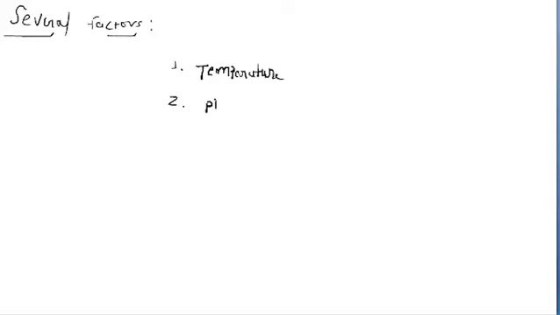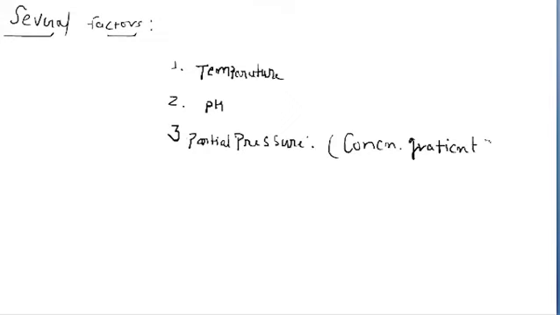Second factor will be the pH. pH also influences the pressure of oxygen and percent saturation of oxygen with hemoglobin. And the third one is the partial pressure. Why do we call it a partial pressure? Remember, there is a concentration gradient of oxygen molecule.